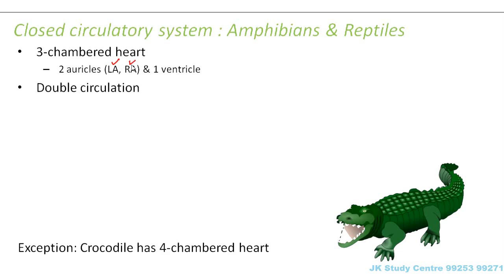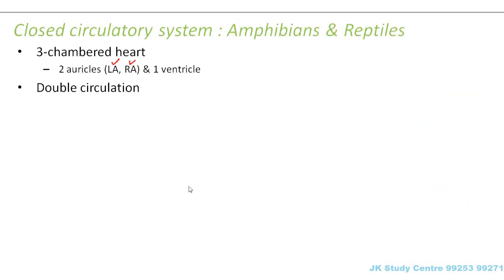So let us look at how circulation takes place in case of amphibians and reptiles. Let us suppose here we denote the different body parts. Which is the respiratory organ in case of amphibians and reptiles? They have lungs. So let us suppose this is the lungs, this is the body, and let us suppose this is the heart.